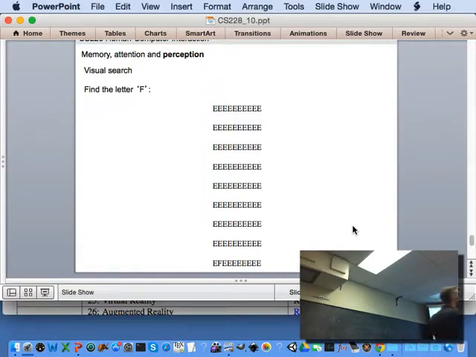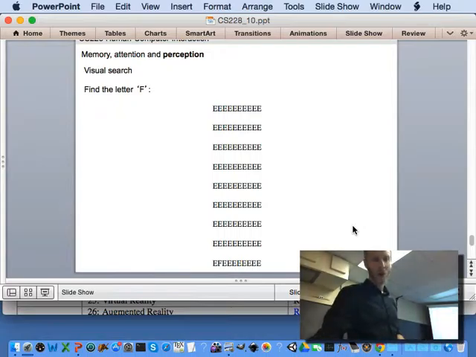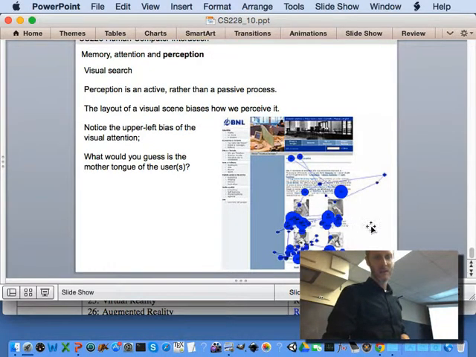With the same amount of ink, we can still do a better or worse job of supporting the user as they try and perceive things, or as they try and maintain attention on the thing we want them to pay attention to, or helping them remember this thing, because the next time they come back to the system, we're not going to show it and allow them to recall it. So the way we draw things can also influence perception.